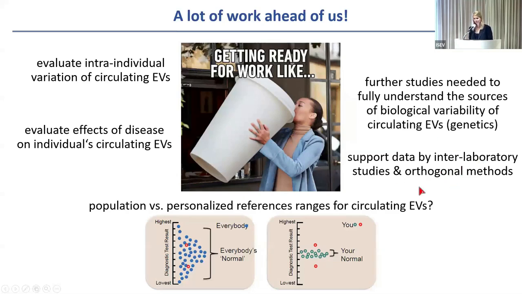And in the end, it's also important to understand, for EVs, will we be able to do population reference ranges, or will personalized reference ranges be much more appropriate?